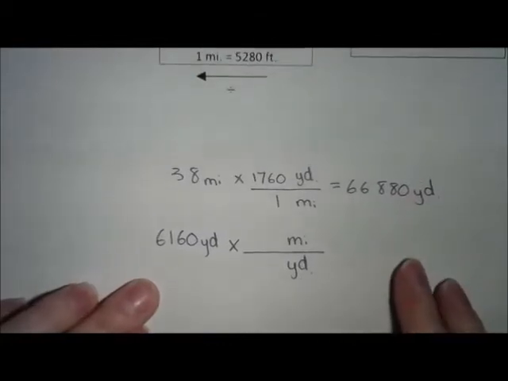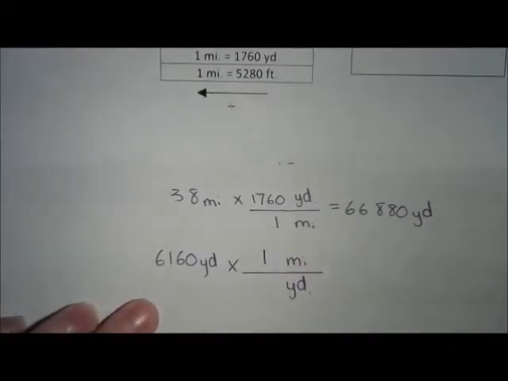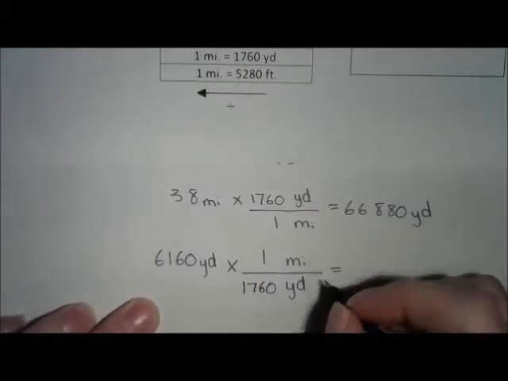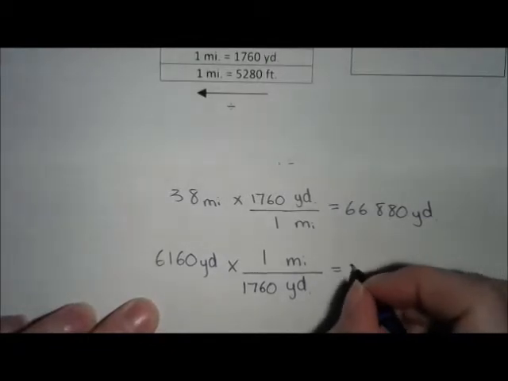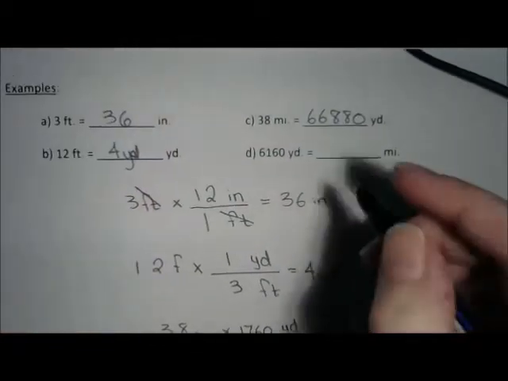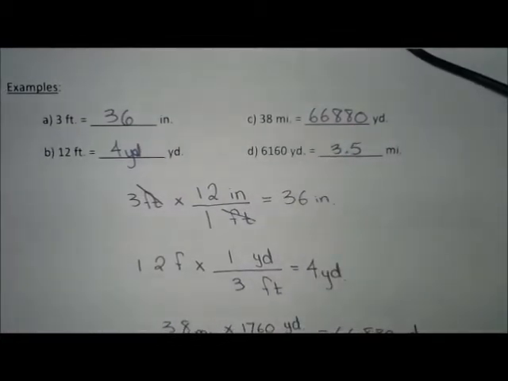The ratio that we know is that 1 mile is 1,760 yards. So we are going to divide 6,160 by 1,760. So this is 3.5 miles. Okay. So I hope this has been a little bit helpful.